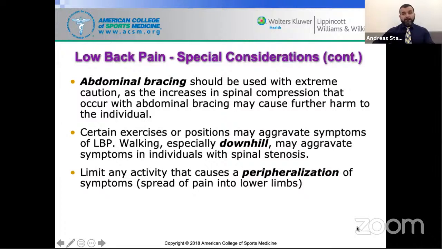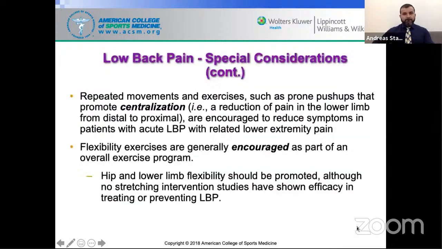Whatever we're doing doesn't seem to work. Or if they're doing any activity throughout their day that does that, we should tell them no. So we need to make sure we're helping our client, our patient, to localize it, to centralize it. What's right here is reduction of pain in the lower limb from distal to proximal.